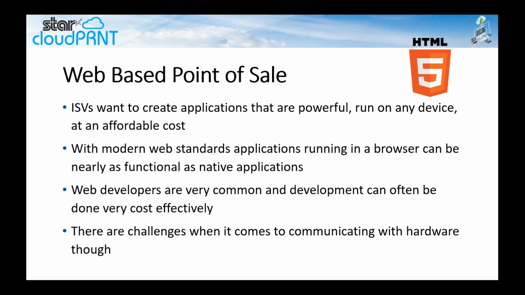But they want to be able to deploy applications on that in a timely manner at an affordable cost. It's very expensive to have iOS developers, Android developers, all of these developers on staff maintaining all of these applications. So web-based point of sale is very attractive because you can design and develop once, and then it doesn't matter, whatever device that has a browser can run your software.